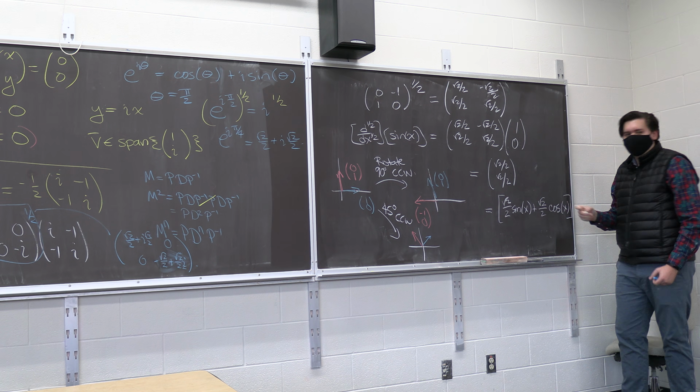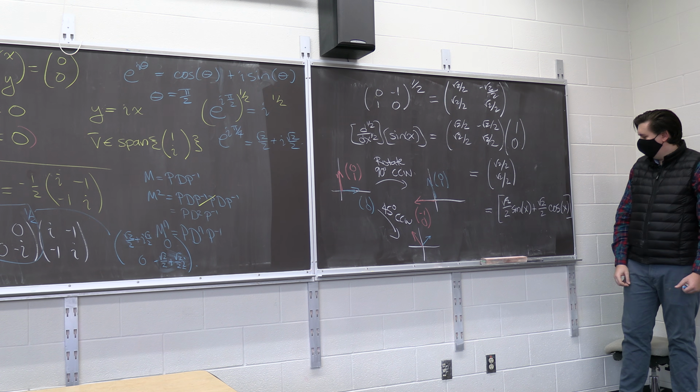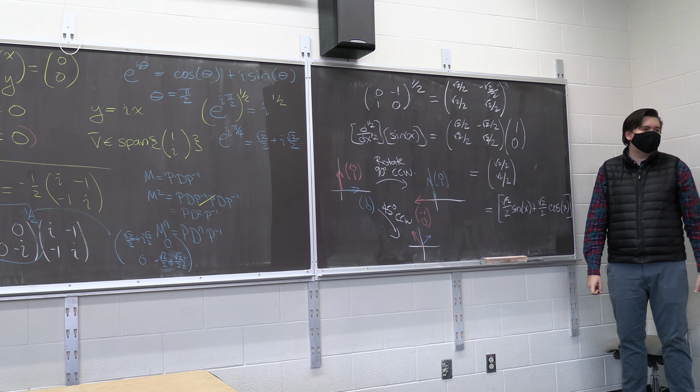This is the vector corresponding to this guy. So that's what the half derivative of sine looks like.